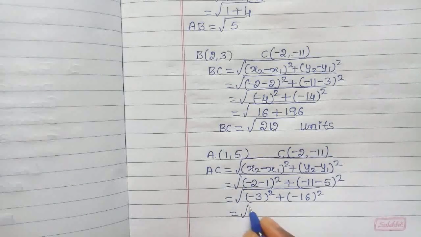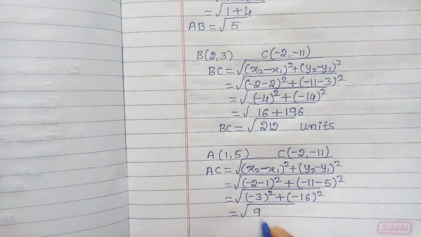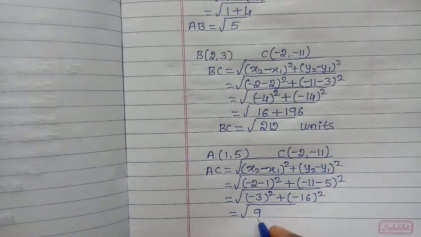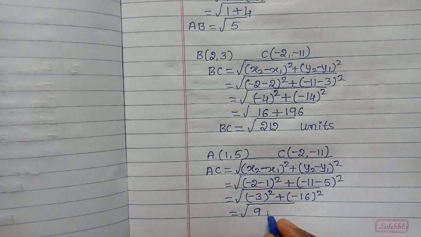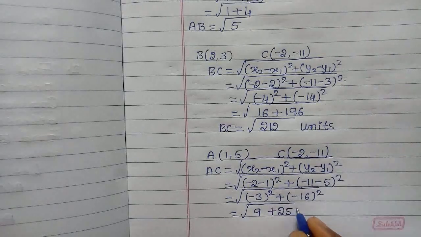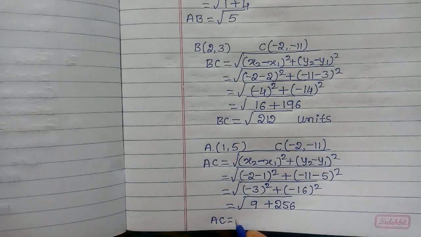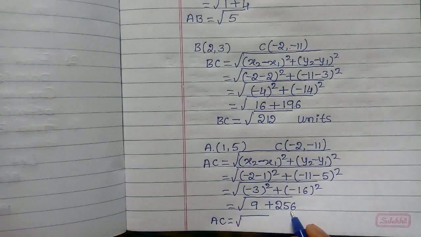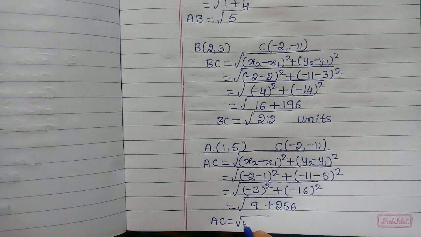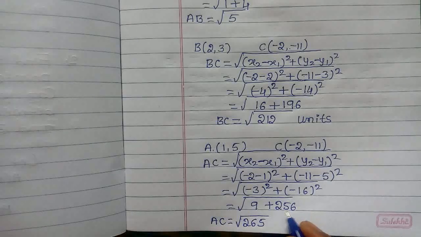Then minus 3 whole square is 9, plus, minus into minus becomes plus, 16 16s are 256. Then AC is equal to square root of 9 plus 256, which is 265. 256 plus 9 is 265.